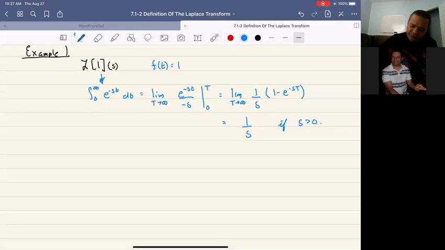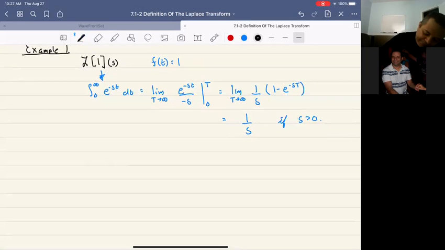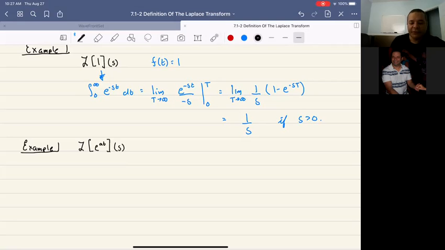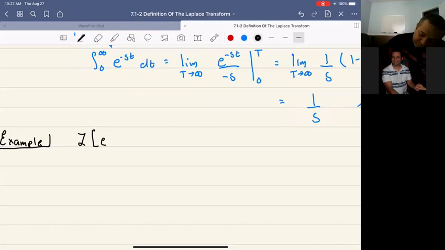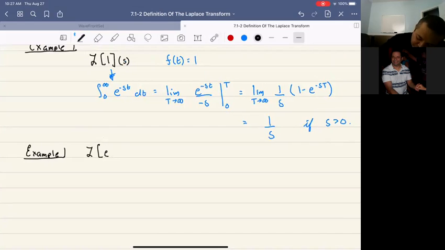Let's do another one. Let's take L of e to the at of s. So here our f of t is e to the at.